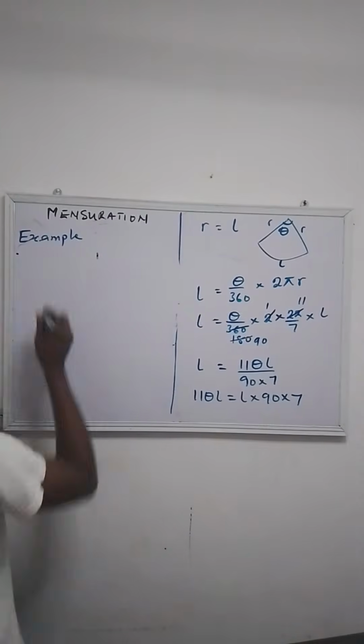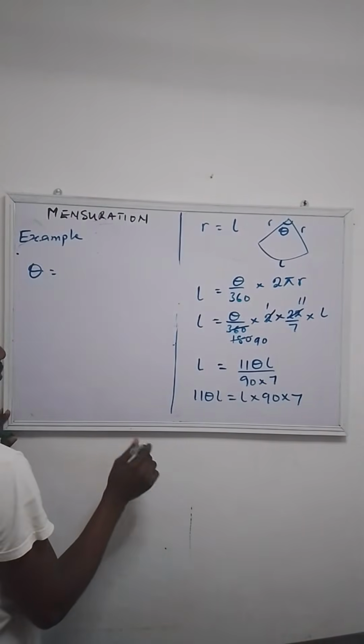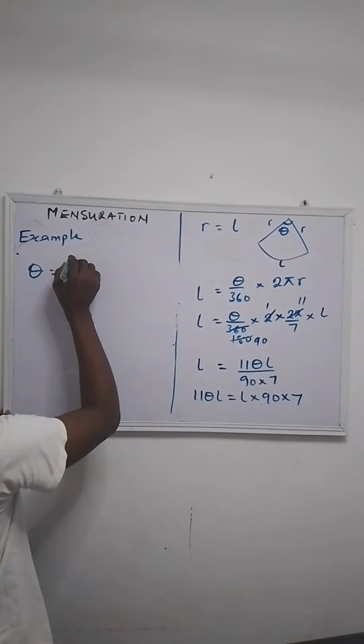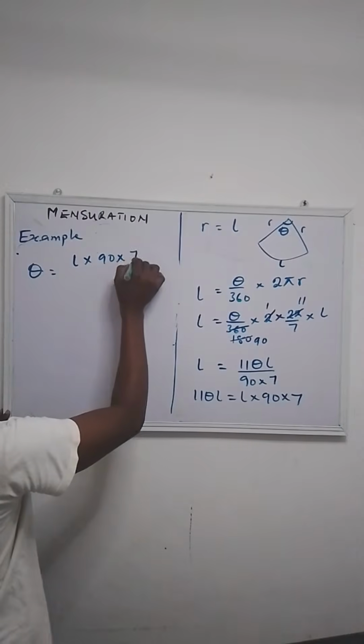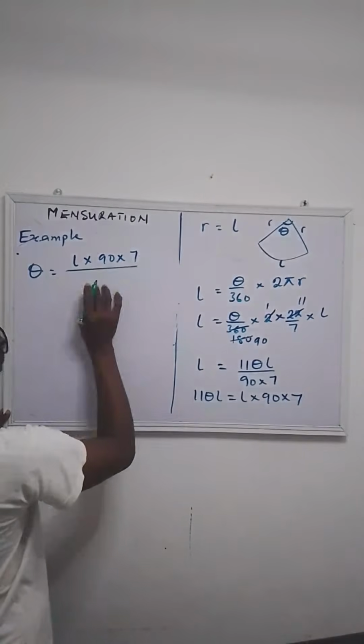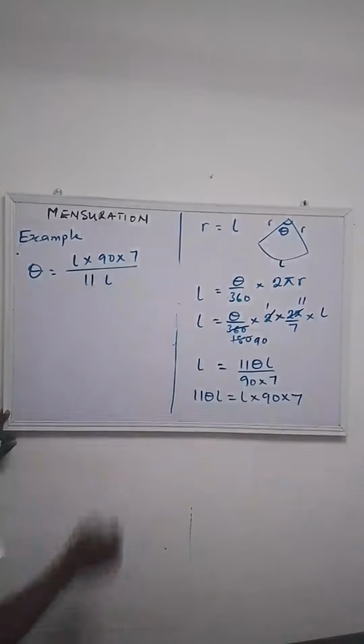We have theta, because we're actually looking for theta. Theta equals L times 90 times 7 all over 11 L.